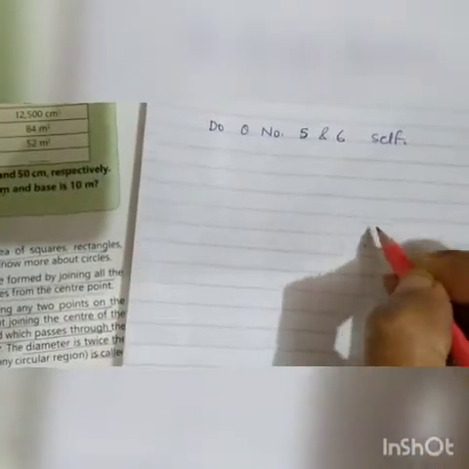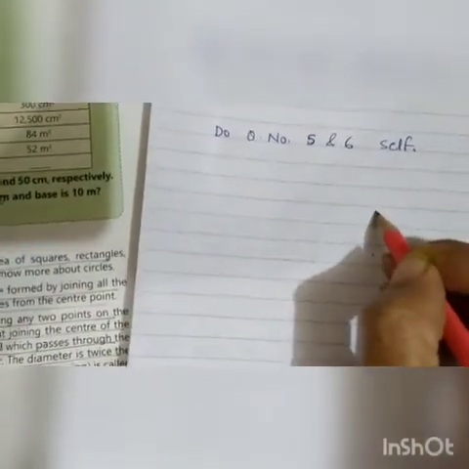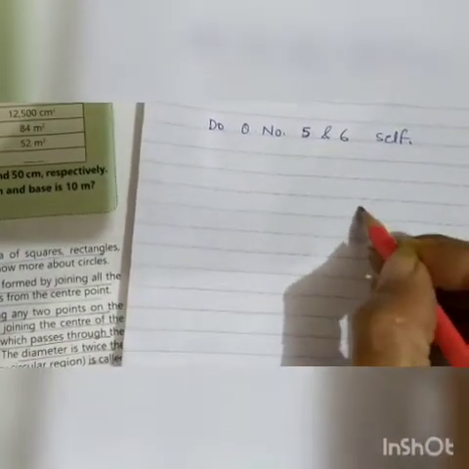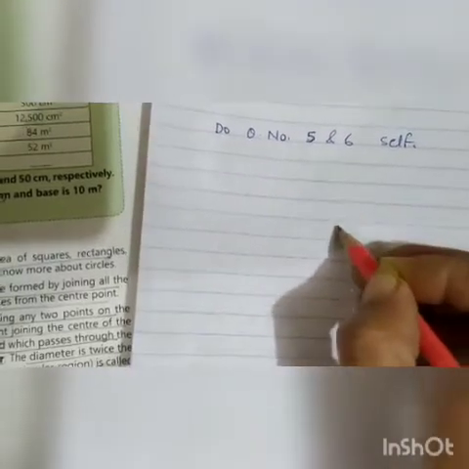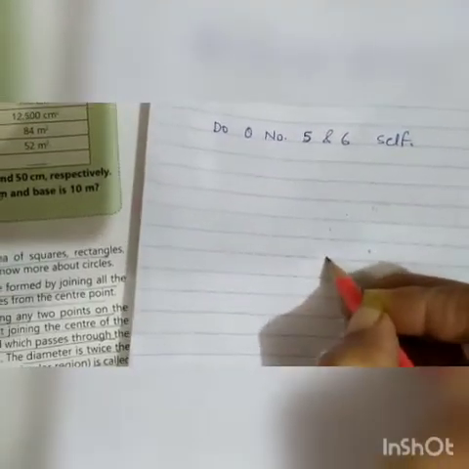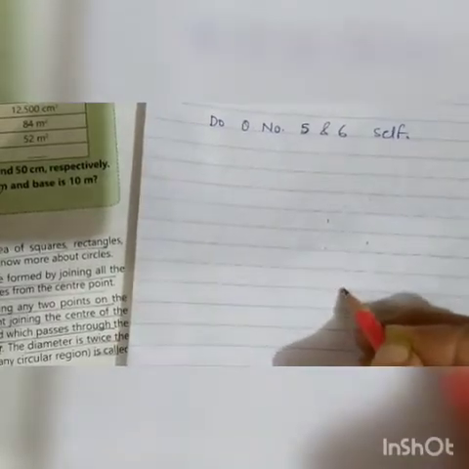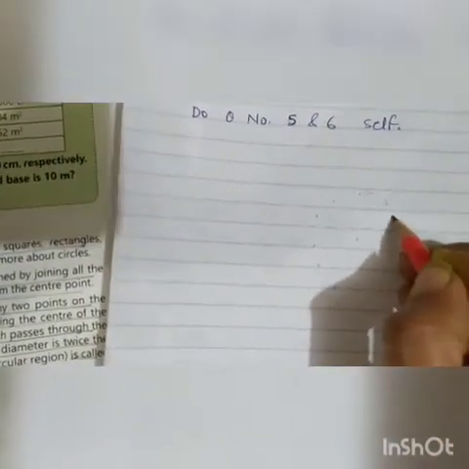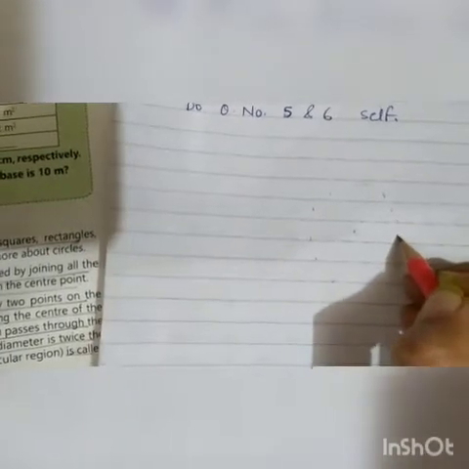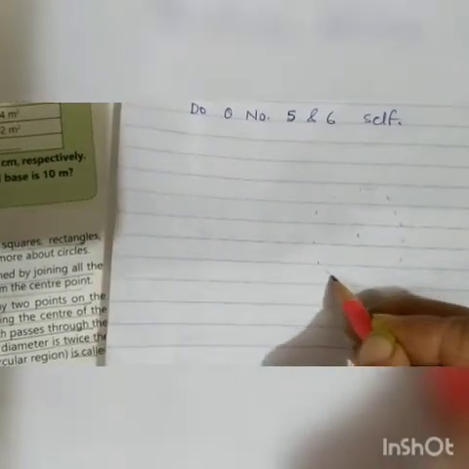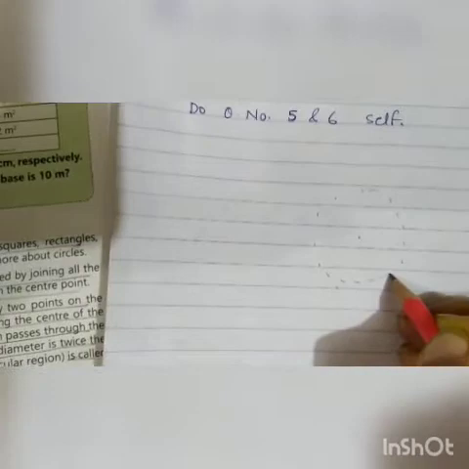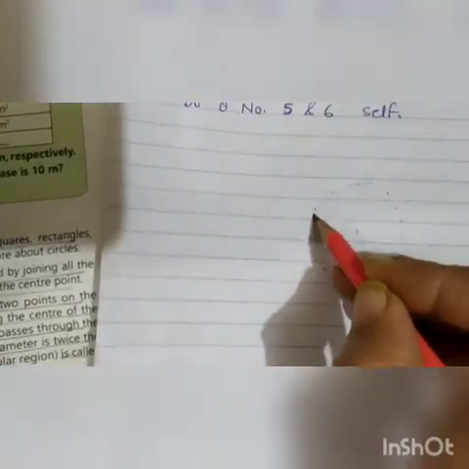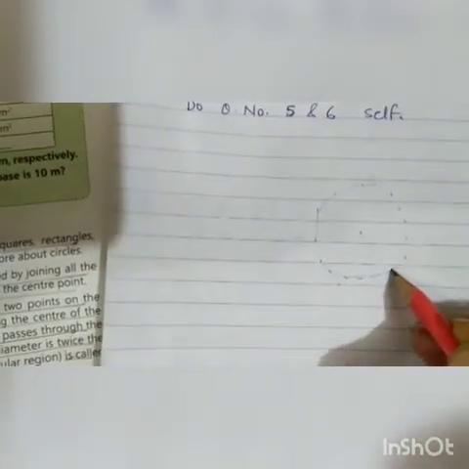If we take some points at equal distance from this point, all around it like this, these points should be at equal distance from this fixed point, and we join these points like this, then we get a circle.